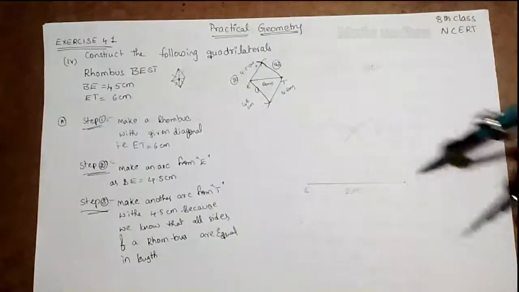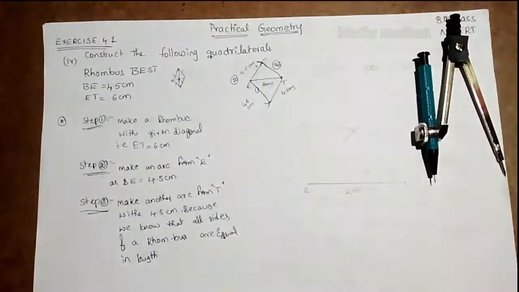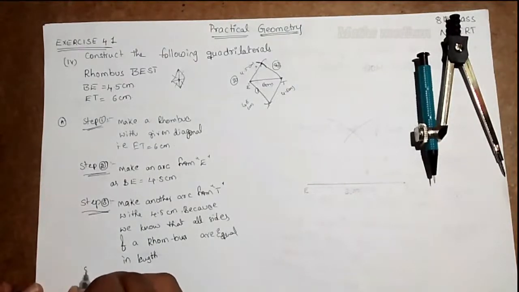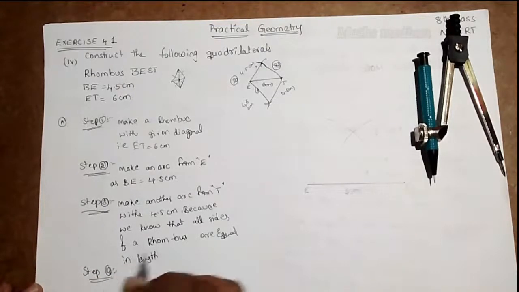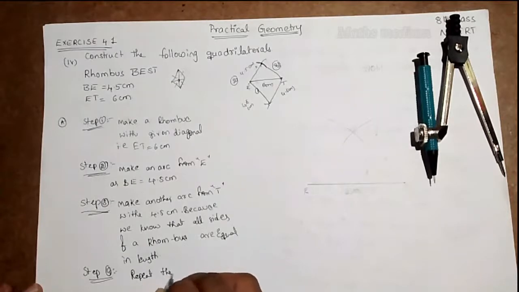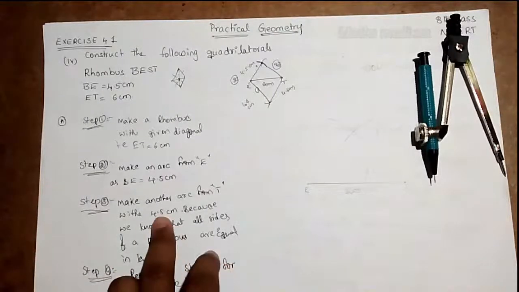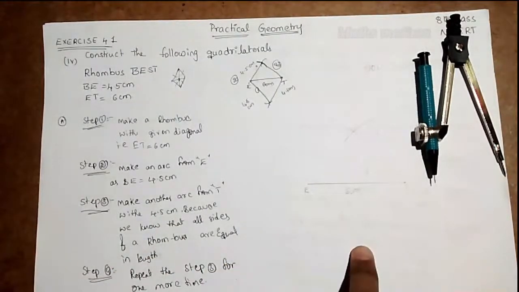Similarly, make step 4 here. Repeat step 3 one more time. That is nothing but we have to construct from E with 4.5 centimeters and from T also 4.5 centimeters.